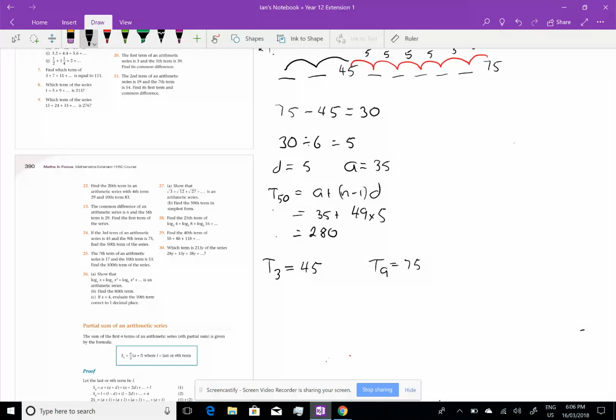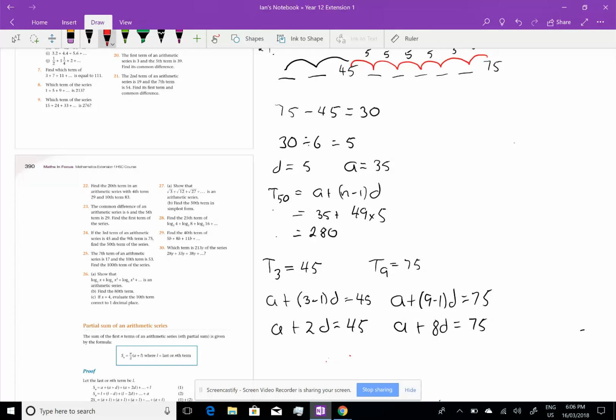If I write the equation, a plus 3 minus 1 d equals 45, so a plus 2d equals 45. Over here I get a plus 9 minus 1 d equals 75, so a plus 8d equals 75.